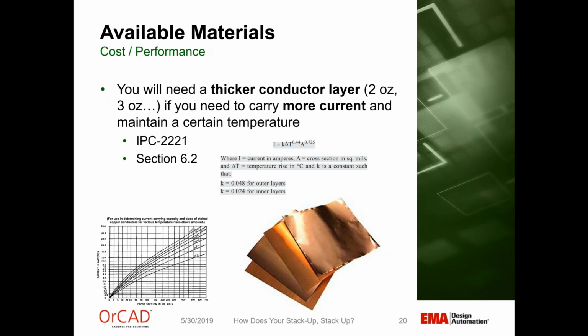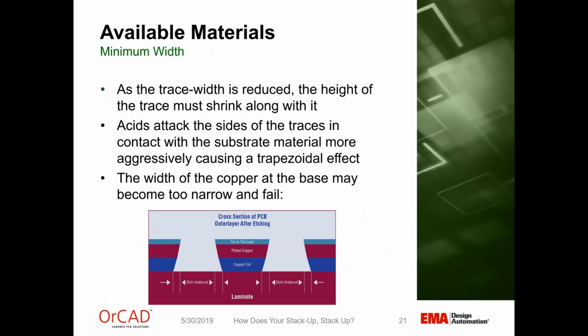And you want to make sure that you fit that within your requirements and pick an adequate type of copper for that. And note also from the equations here that it's going to be different for the outer layers compared to the internal layers. So there is some difference there in the current carrying capacity of your traces depending on if they're on an outer layer or an internal layer.